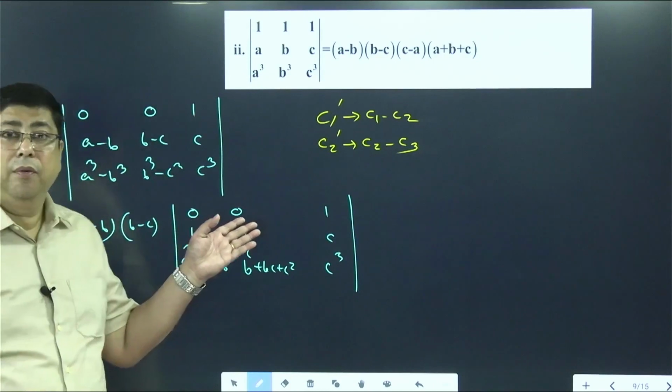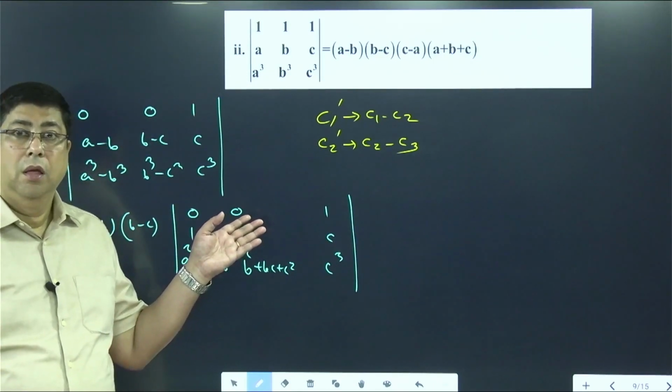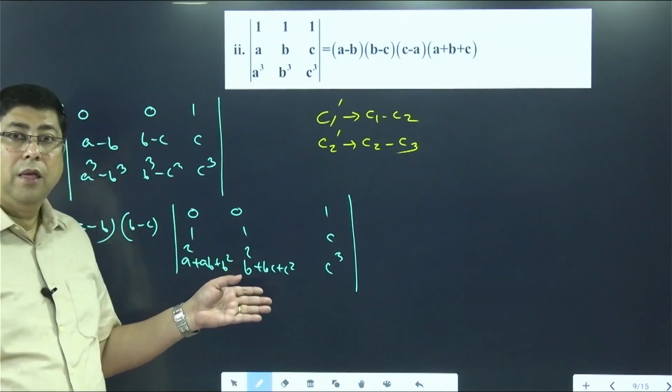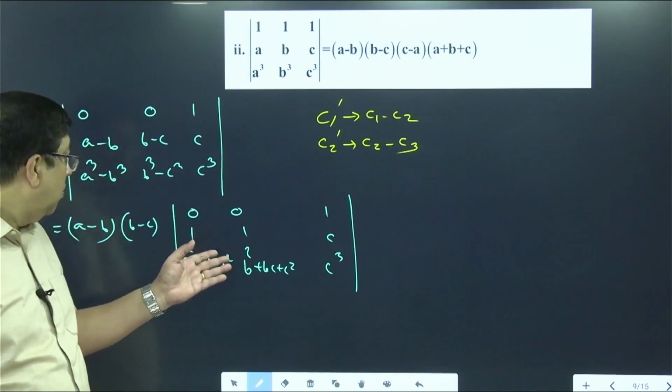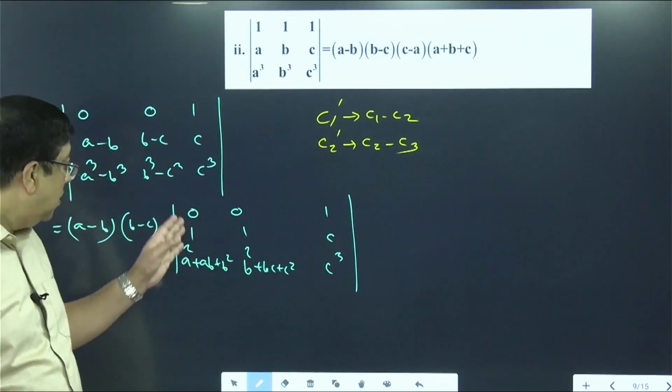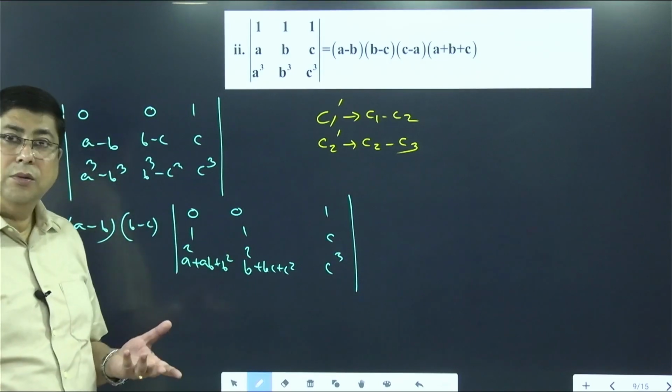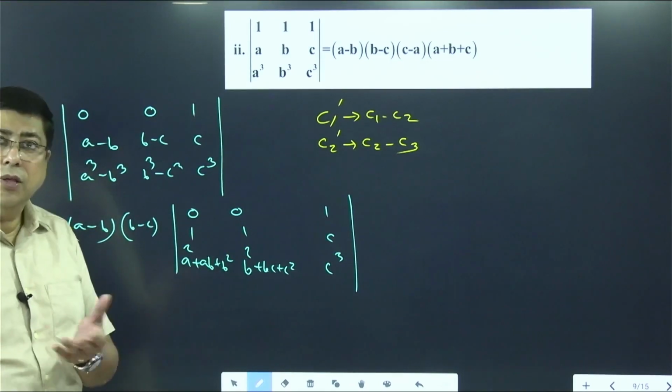So there are a number of zeros. We can directly multiply. Otherwise, we can do once again on C1, that is C1 minus C2. That is also possible. Otherwise, we can multiply as you think better.